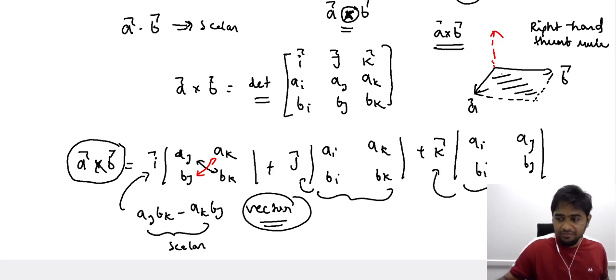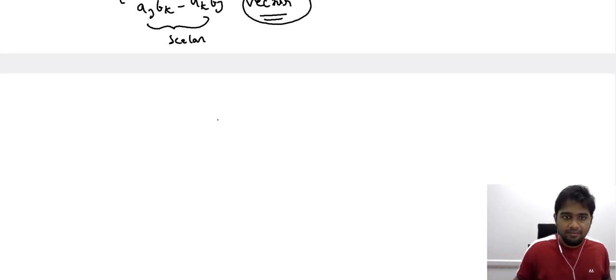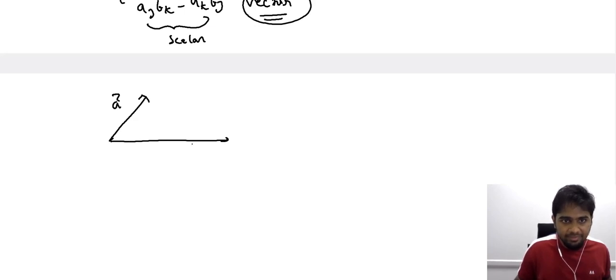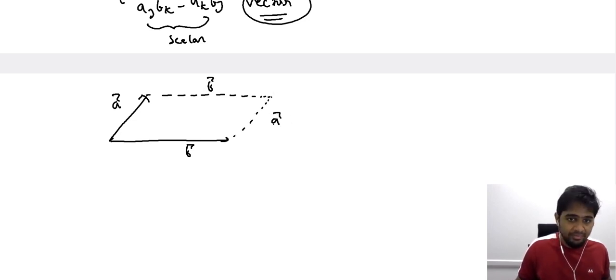For instance, if we have such vectors A and B, and the parallelogram is constructed through these vectors, and the angle between these two is theta, this height would then be represented by sine theta.